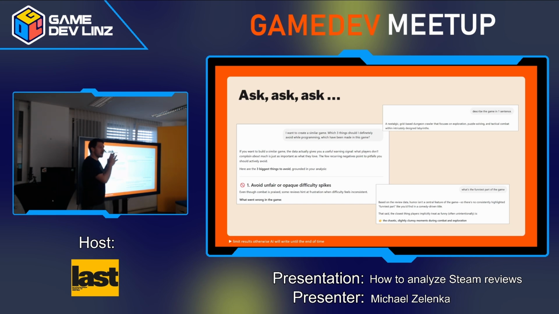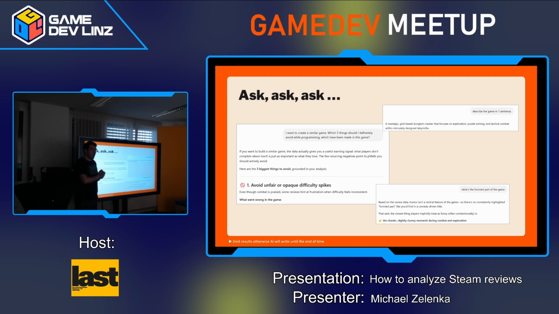Then you can use this custom GPT for analyzing every game, and you can also compare several games in one GPT. It's very powerful, and you can really put a lot of data into the AI because it's just text. So you don't have to create images or something like that, which needs very high performance. It's just text.